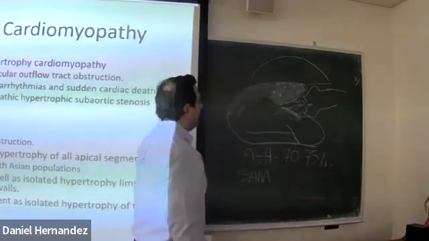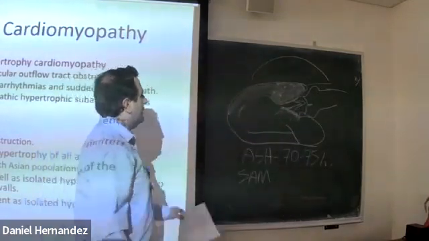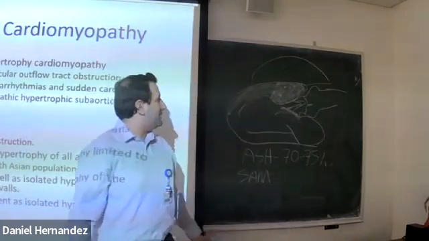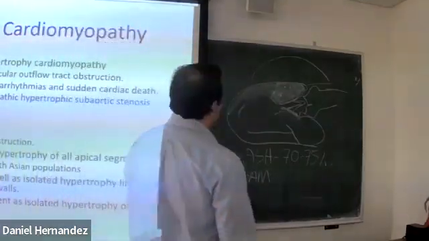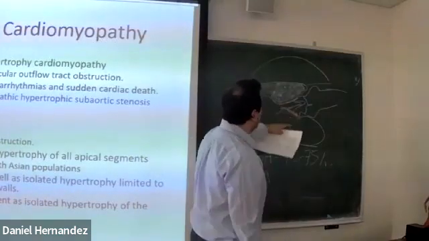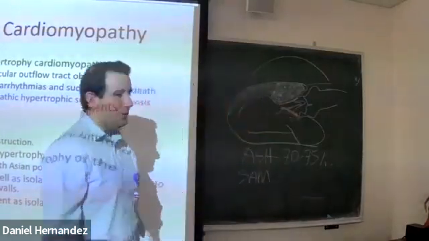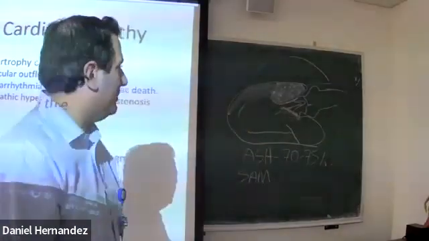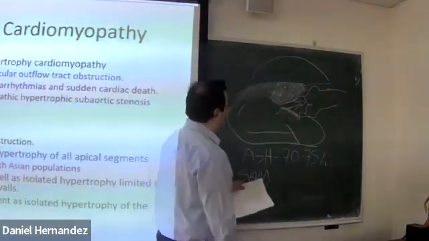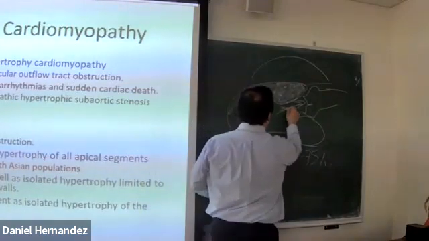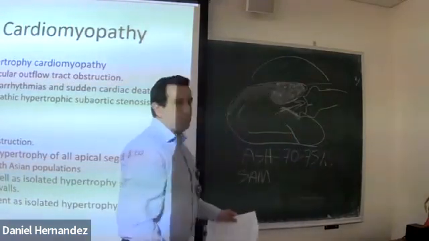Depending on how hypertrophic that basal portion of the septum is and how strong that suction is, that anterior mitral leaflet can get pulled all the way up and actually hit that ventricular septum. So that systolic anterior motion leads to a dynamic LVOT obstruction.